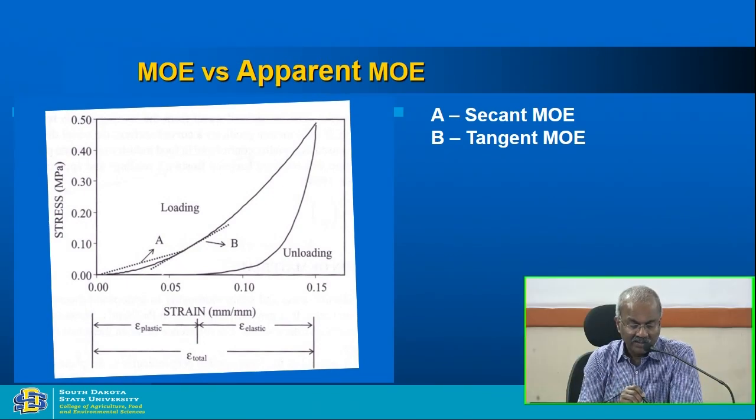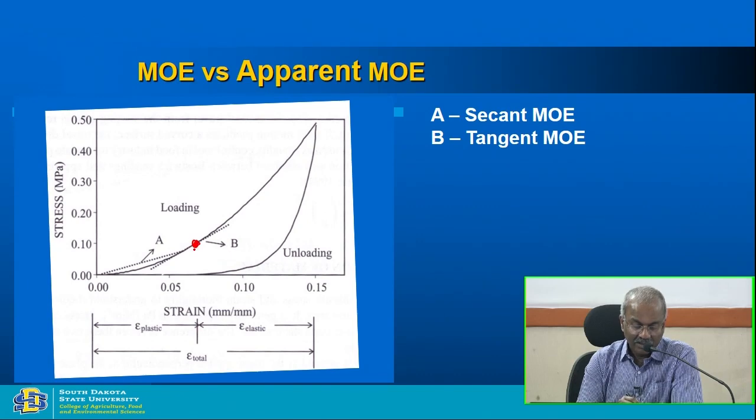So for modulus of elasticity and apparent modulus of elasticity, you can always do this loading and unloading test, and you can calculate the modulus of elasticity based upon whether you use the secant method or tangent method. Let's say you take a point on the loading curve, draw a tangent line, and take the slope of this line.